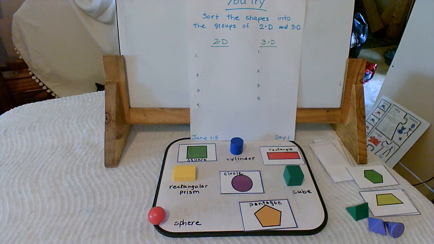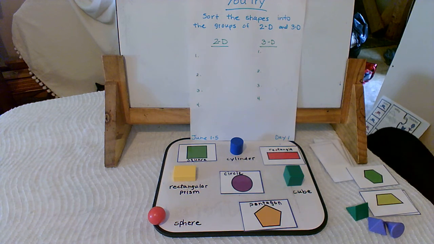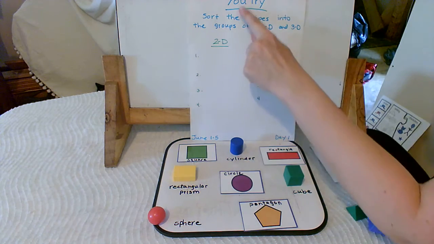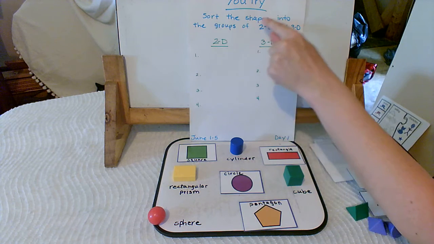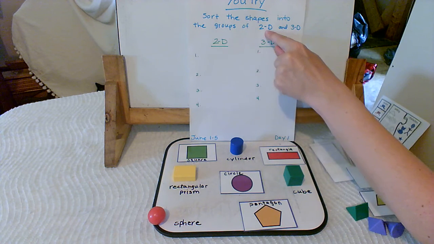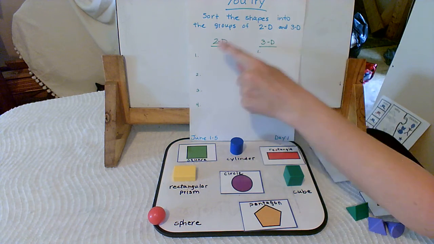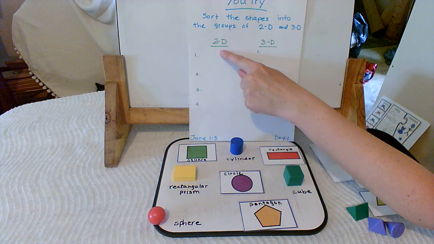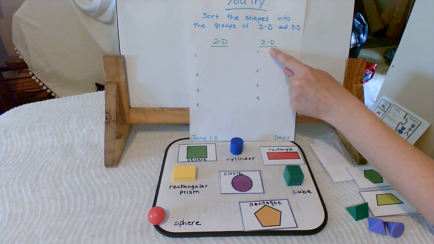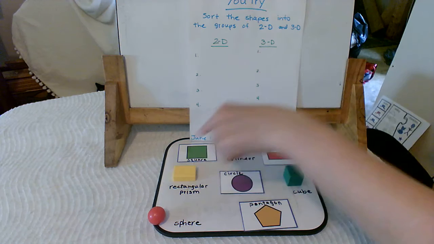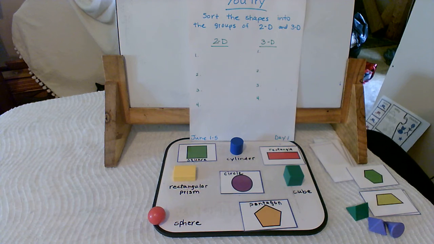Okay, so here is the activity I would like you to try. So up the top it says, you try. Sort the shapes into the groups of 2D and 3D. Remember, 2D means two-dimensional, 3D means three-dimensional. So here I have a selection of two-dimensional shapes and three-dimensional shapes.